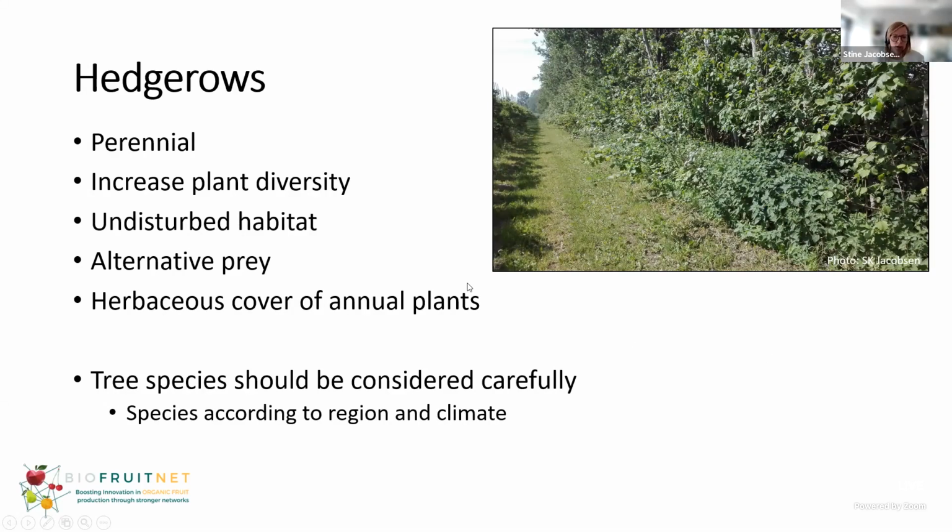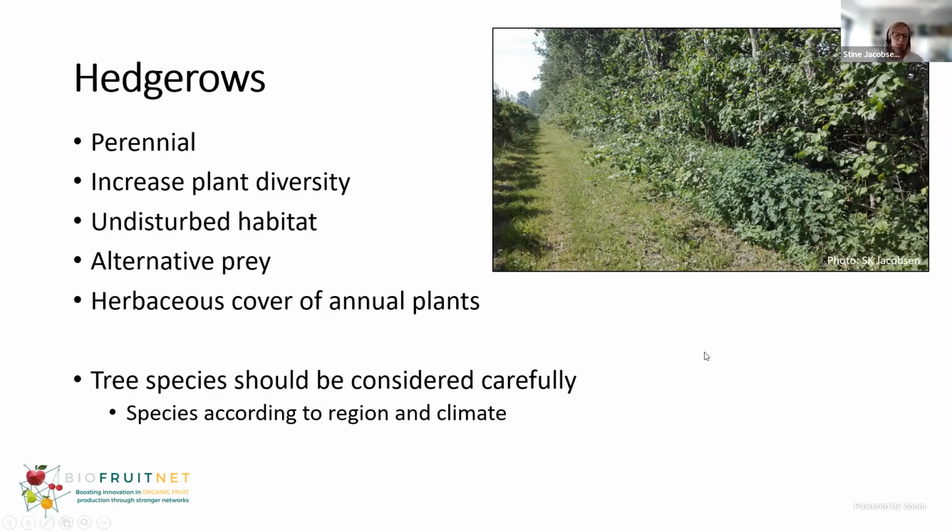Hedgerows is one of the options of implementing this biodiversity. These are perennial structures, usually with trees and bushes. So they can support by increasing the overall plant diversity in the orchards. And what is really a benefit of these is also that it's an undisturbed habitat. So they can also provide alternative prey when prey is more scarce in the fruit trees.